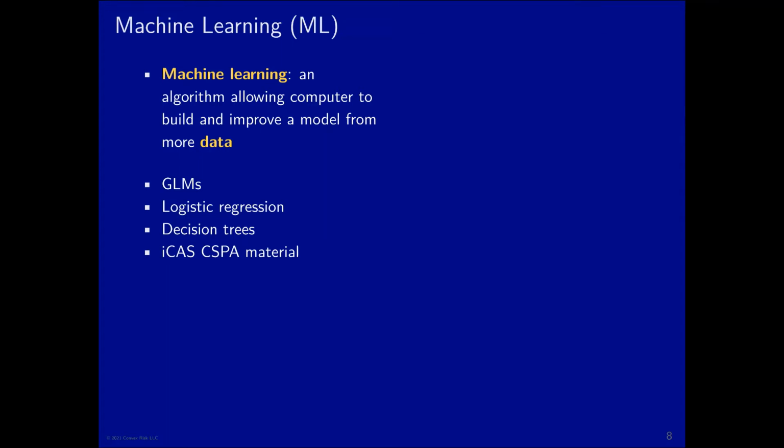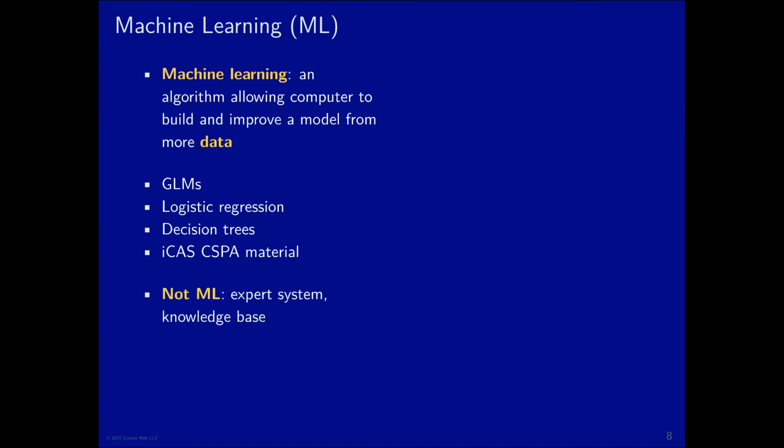Generalized linear models are used all the time in rate making, logistic regression for frequency analysis, decision trees, and so forth. The CAS, Casualty Actuarial Society, has an institute which is credentialing people in this area. They have a CSPA credential, a Certified Specialist in Predictive Analytics, and it's focused on these types of techniques.